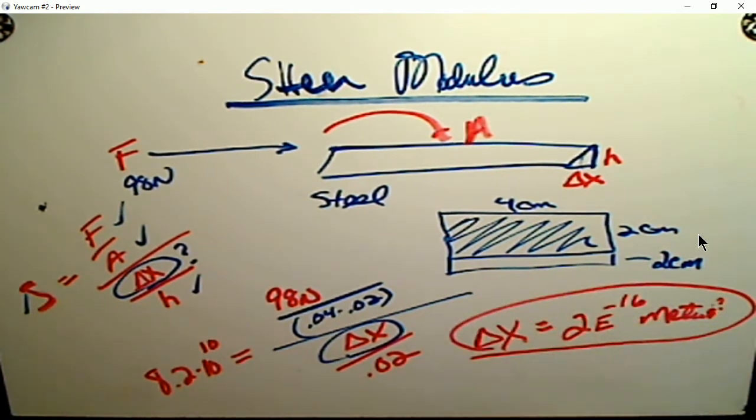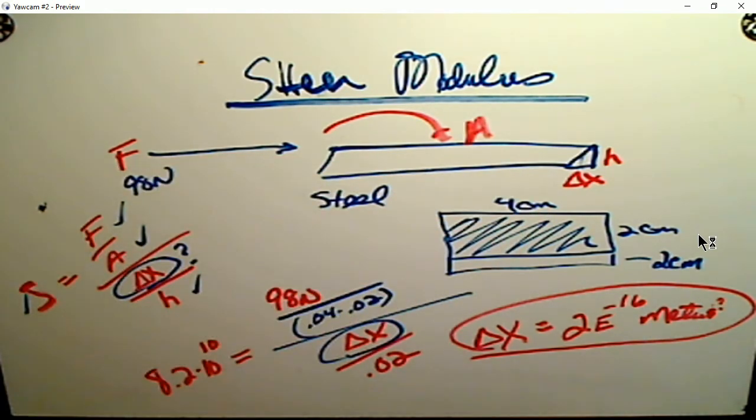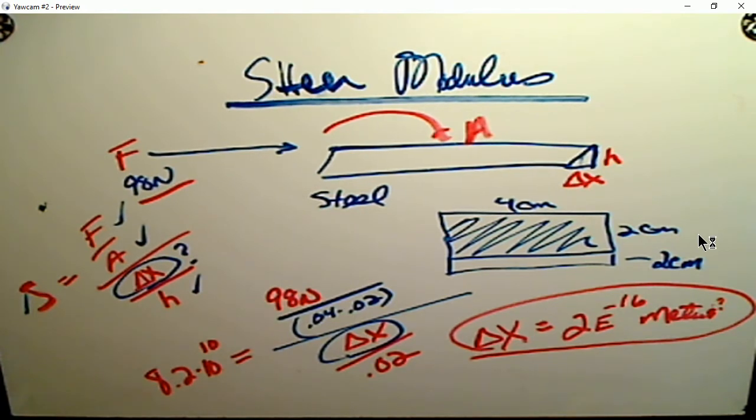Very small. Well, you would expect that. We're not putting that much force. 10 kilograms times gravity, well, actually, we just said 98 newtons worth of shearing. And if we're doing 98 newtons worth of shearing on a steel bar, that's just not that much force.